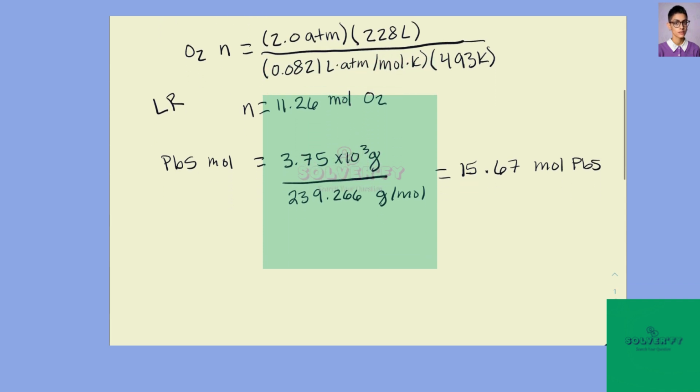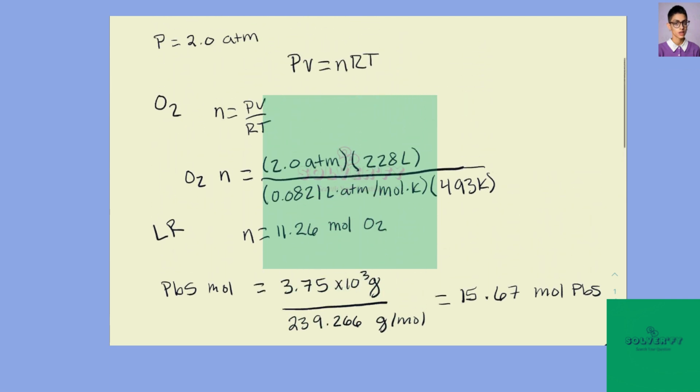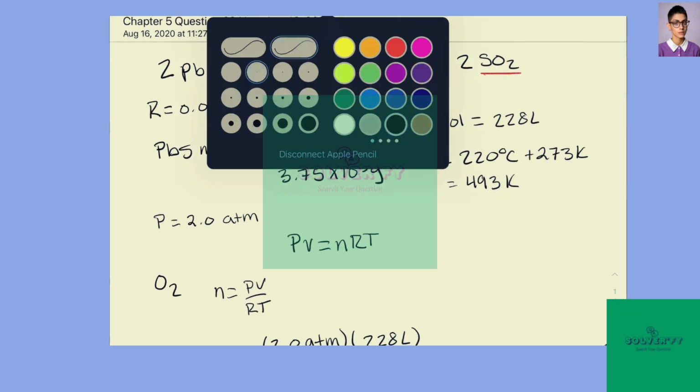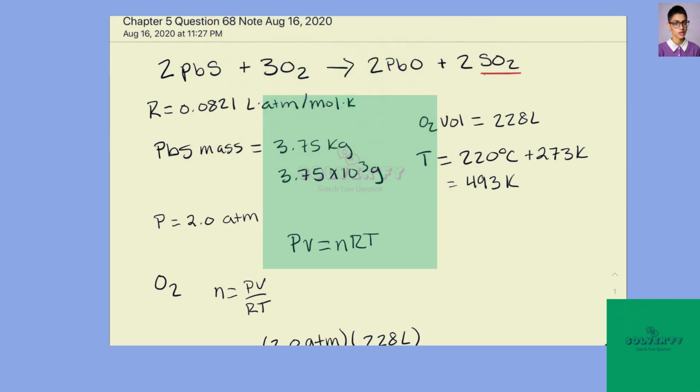Alright, so now that we know that oxygen is our limiting reagent, we're going to go back up to our chemical equation. We see that it takes 3 moles of oxygen to get 2 moles of the sulfur dioxide.